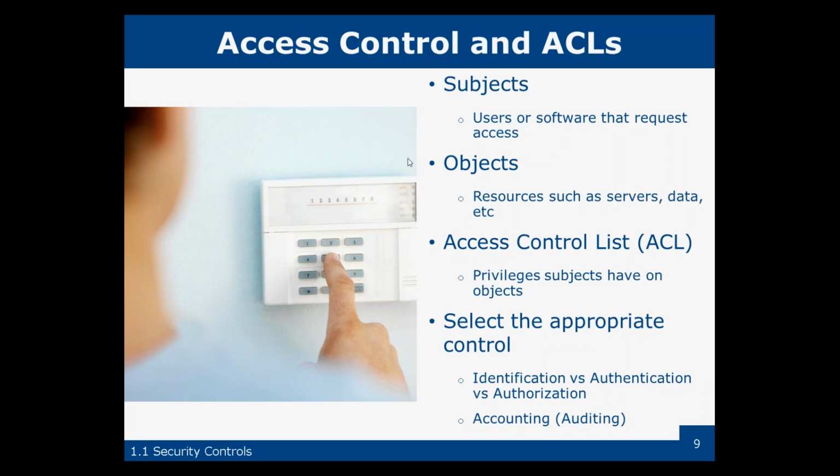But they would call up the network administrator and say, hey, I need you to reset my password. Well, he didn't have identification. There was no way to positively identify the individual unless they actually came in. So identification is we know who it actually is. And it can identify a user or it can identify a process.